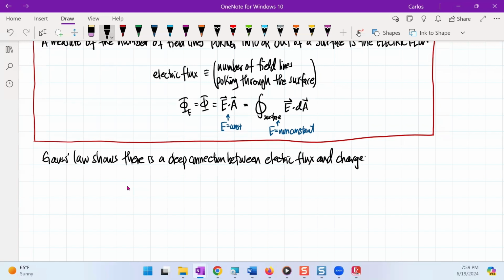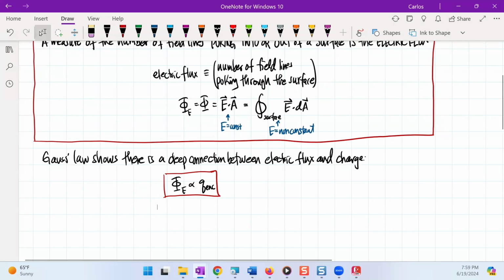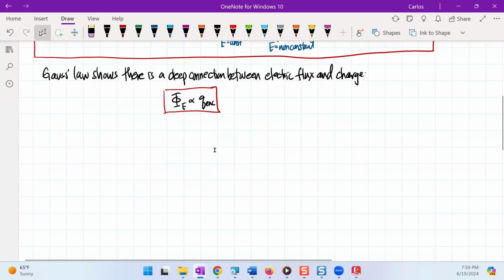And the way we've written it already is we say that the flux is proportional to the enclosed charge inside the Gaussian. Now, I'm really talking about Gauss's law, so let's physically understand how Gauss's law works.